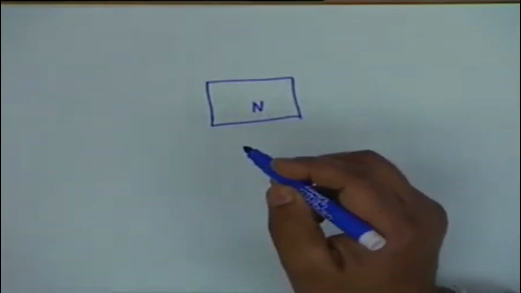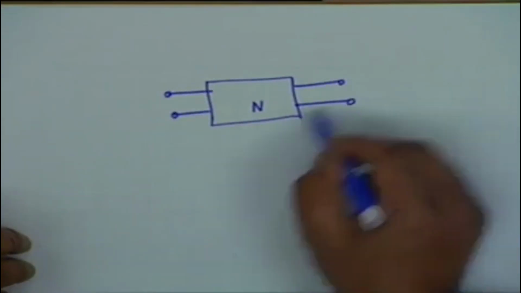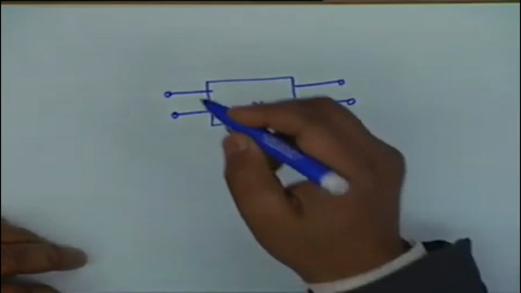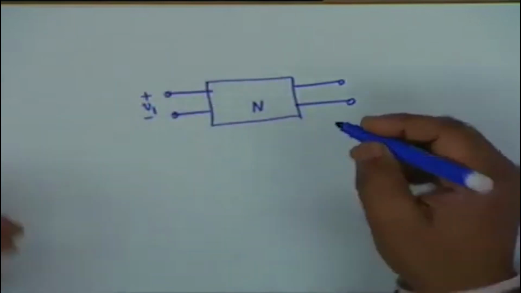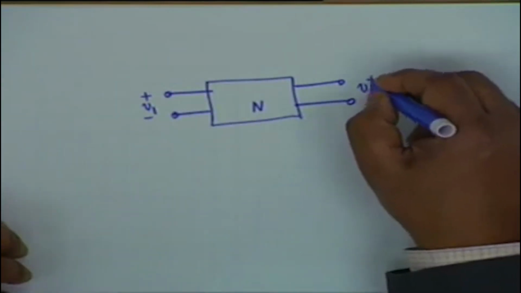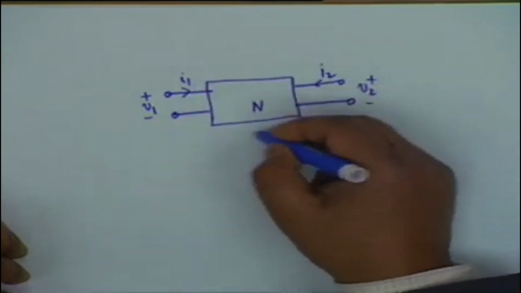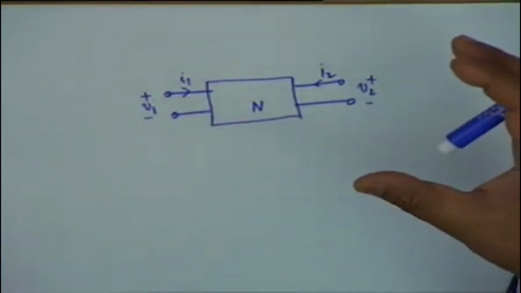Let's say capital N is a general two-port, where you can apply a voltage. What are the things that you can do? You can apply two voltage sources and measure the currents. You can't reach inside the network. You have only two ports.